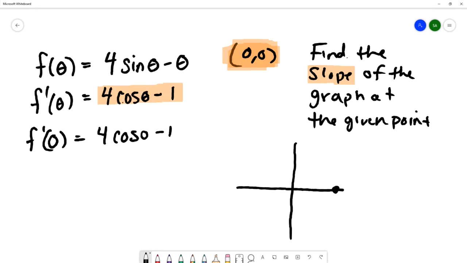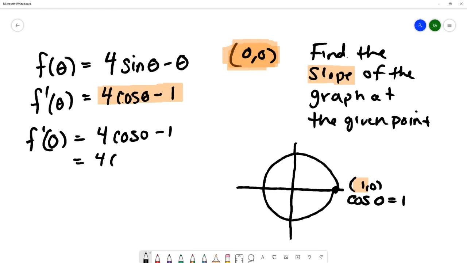This point on the unit circle would be the point 1, 0. And cosine is the x-coordinate, so cosine of an angle of 0 is 1. So this is 4 times 1 minus 1, and 4 times 1 is 4. 4 minus 1 is 3. So we get that the slope at the point 0, 0 is 3.